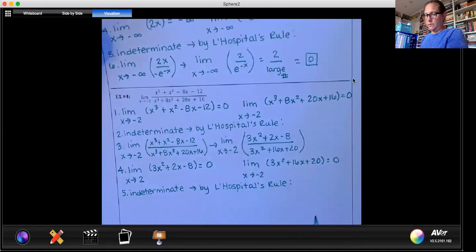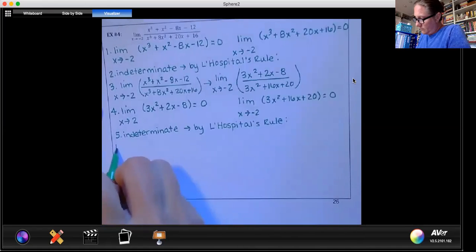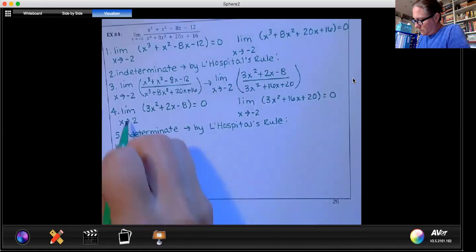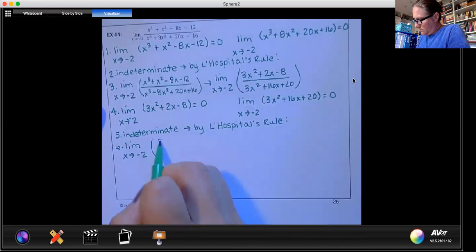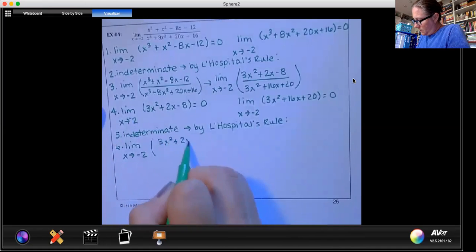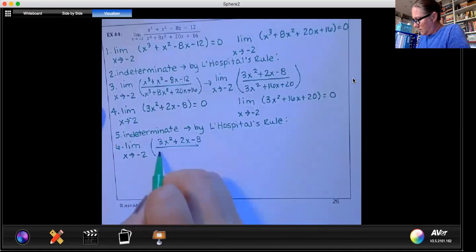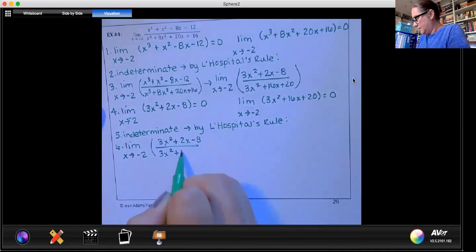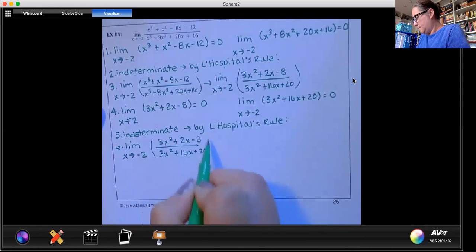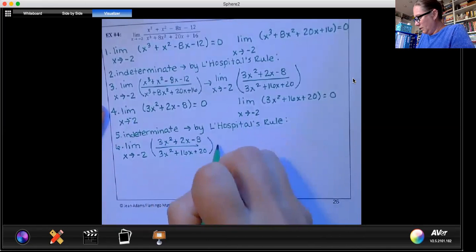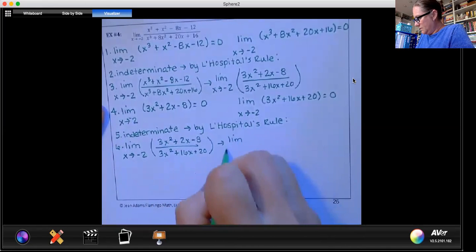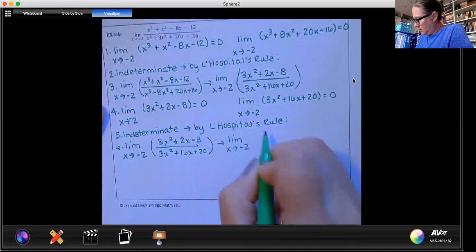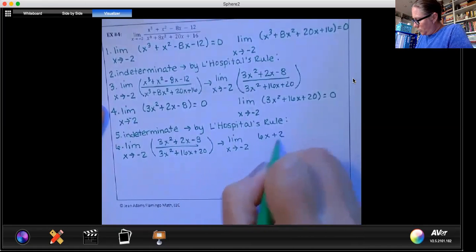So by L'Hopital's rule, set up your limit. 3x squared plus 2x minus 8 over 3x squared plus 16x plus 20. Derivatives, 6x plus 2 over 6x plus 16.